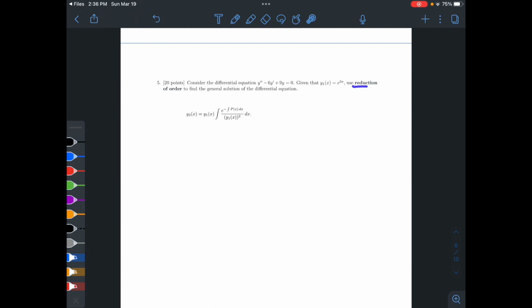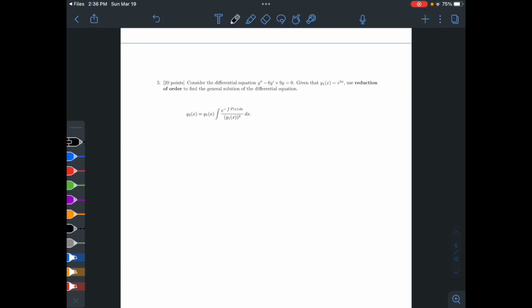The whole point of the reduction of order formula is that if you know one solution to your differential equation already, then you can use this formula to find a second solution to your DE.